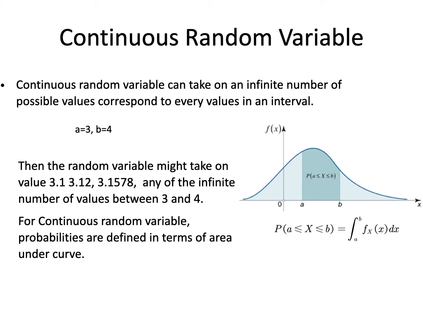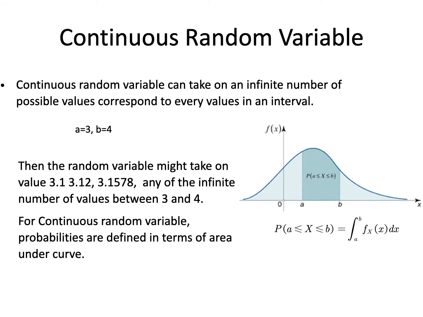Well, so far we have discussed the discrete random variable, which assumes only a countable number of values. However, the continuous random variable assumes an uncountable number of values in a line interval. In a line interval, continuous random variables can take on an infinite number of possible values corresponding to every value in an interval.